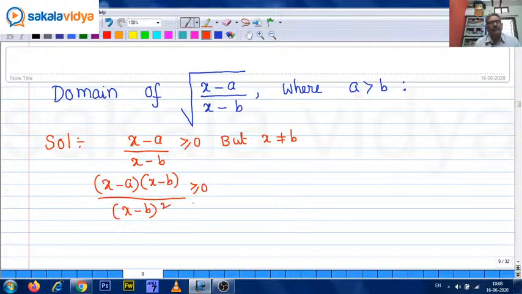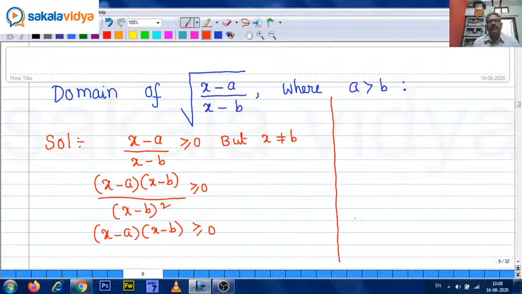Since x does not equal b, it is positive, so multiply both sides. We get x minus a and x minus b greater than or equal to 0. Now let us find the critical points. For critical points, x minus a into x minus b is equated to 0. We get x is equal to a or b, the critical points.